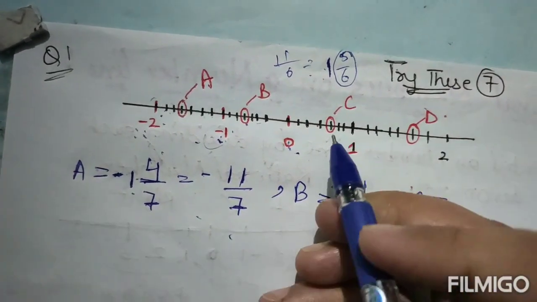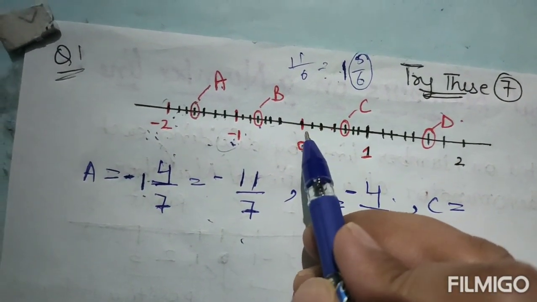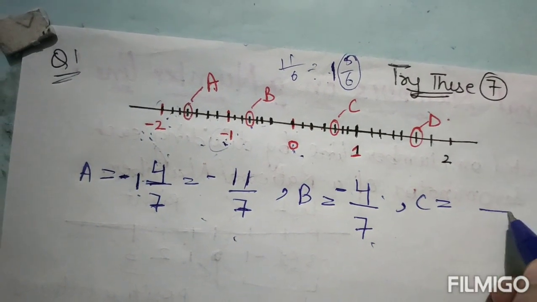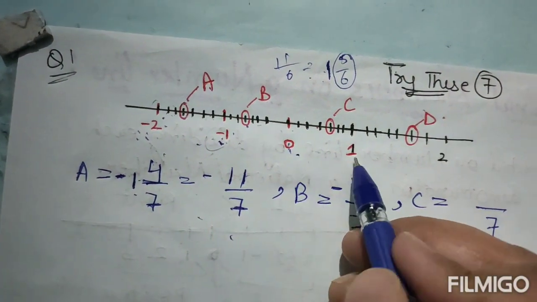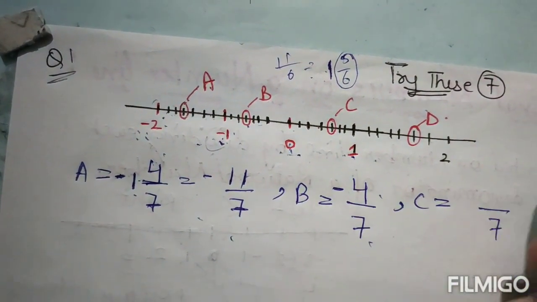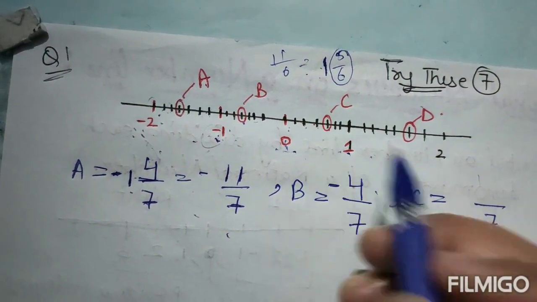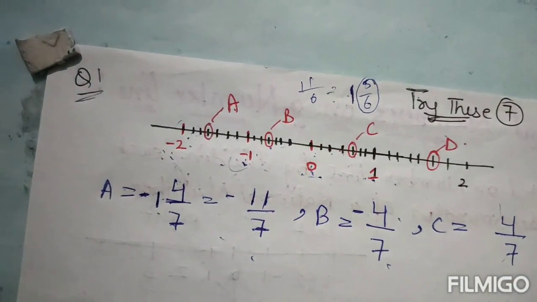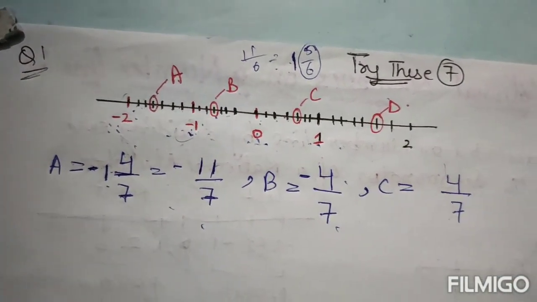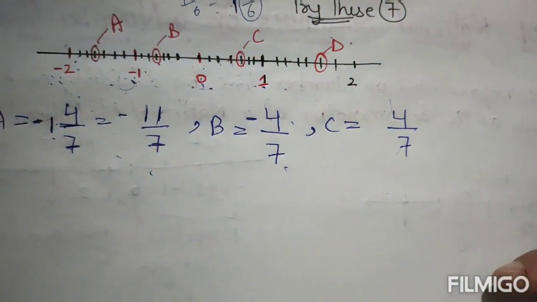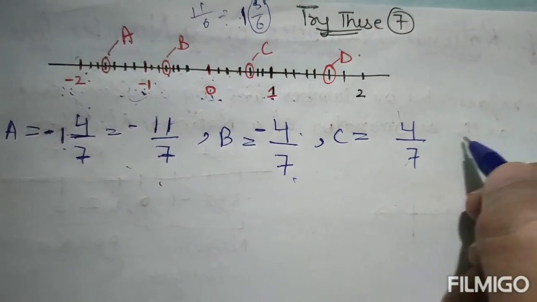Now check the C. Obviously the denominator will be 7, and as it is between 0 and 1, obviously it will be a proper fraction. 1 2 3 4, so it is +4/7, positive. It is on the right side of 0.